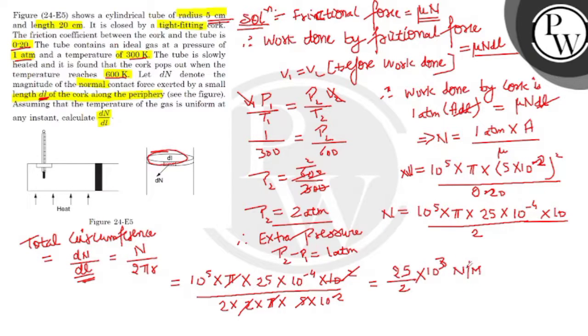We say per meter because we have to calculate over the circumference, so we use only the unit given in the question. So here we get 12.5 into 10 power 3, or you can say 1.25.